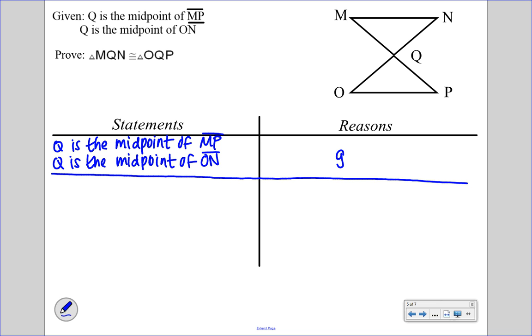And that's our given. Okay, let's look at our first given. Q is a midpoint of MP. That means that these two pieces are congruent to each other, so we can say that MQ is congruent to QP. And that's our definition of midpoint.